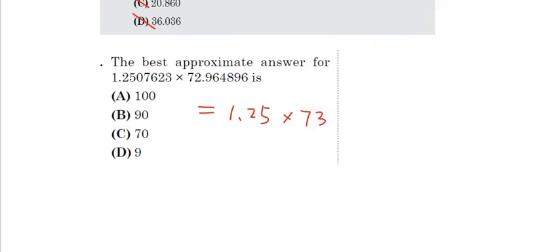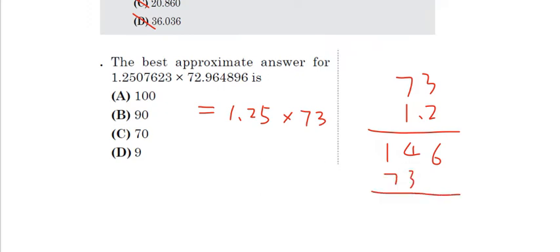So we can estimate, let's say we just check 73 times 1.2. So this is just more, just like 80, so close to 90. So we say this answer.